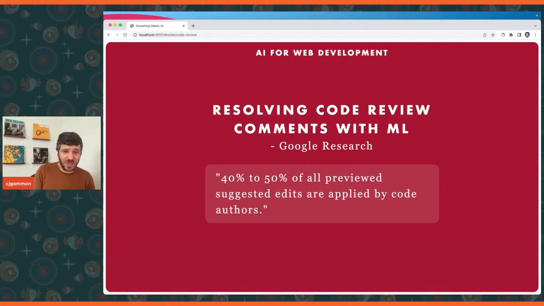And I think this is really interesting because if we think about this kind of work, this is typically tedious work that developers will have to go back and make these menial edits to their code. And instead of doing that, they can lean on AI for this kind of thing and focus on new features and more interesting work instead of constantly going back and forth with code reviewers.